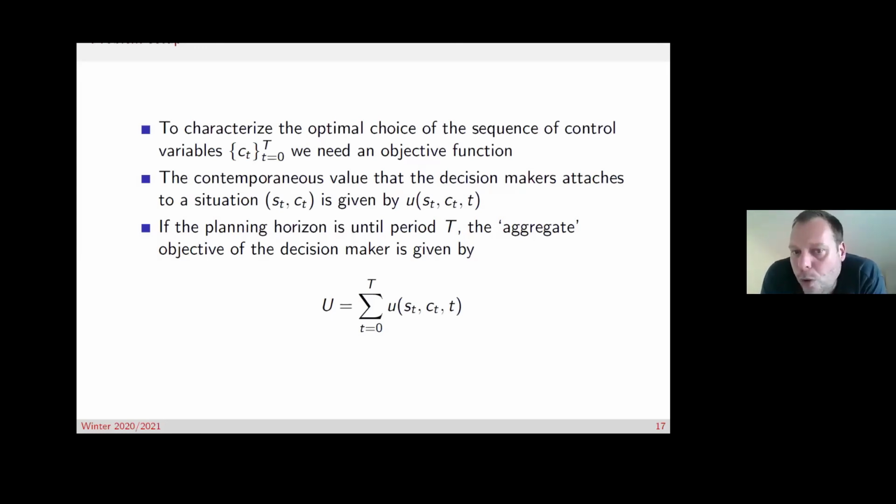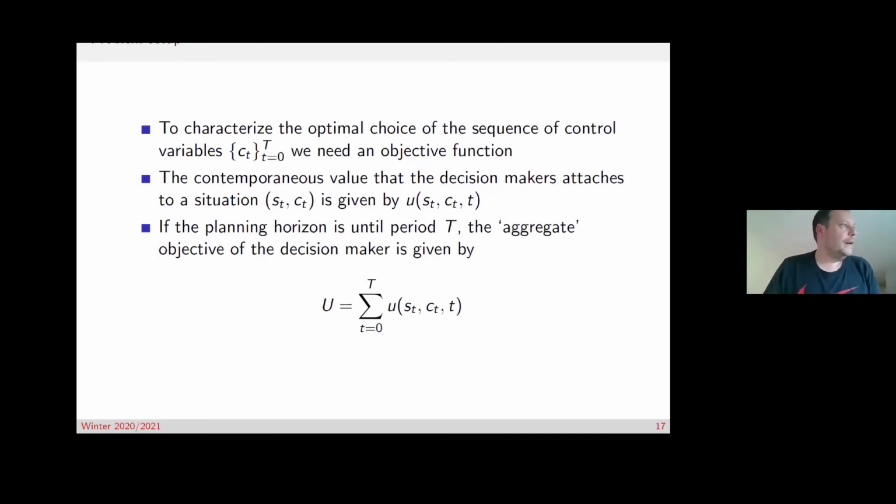Economists would call this the utility function. So a utility function that tells you the reward, basically, of the state that you are in, the control that you picked, and maybe also a function of the point in time that you are in. We'll come to that later on. So you have this utility function, the reward function.